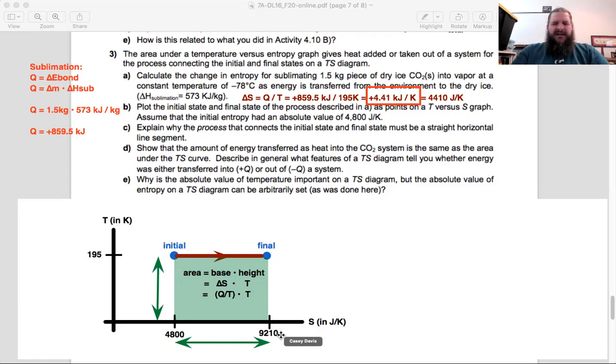Also, were we adding heat or removing heat to make this happen? Yeah, we had to add heat to make this sublimate. And that corresponds to entropy increasing or decreasing.